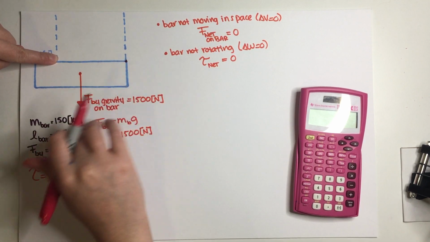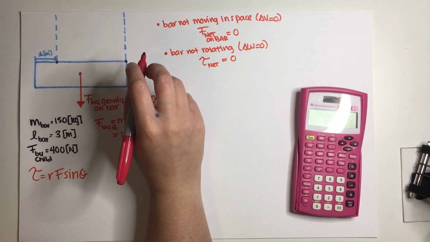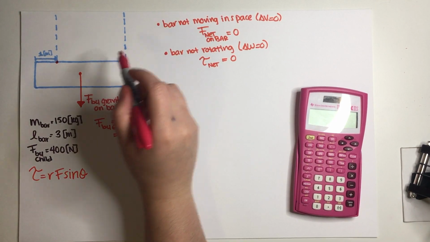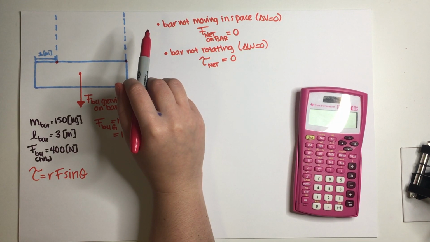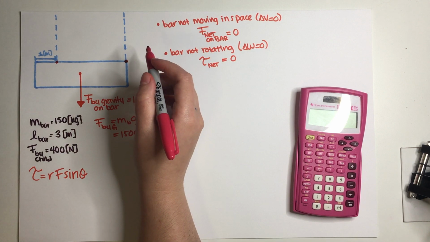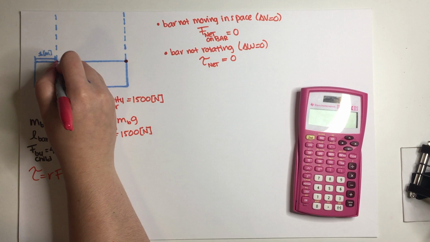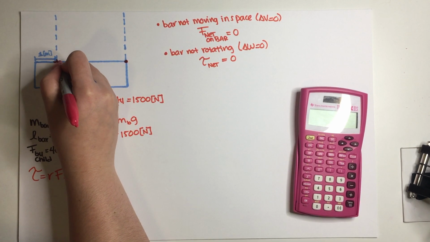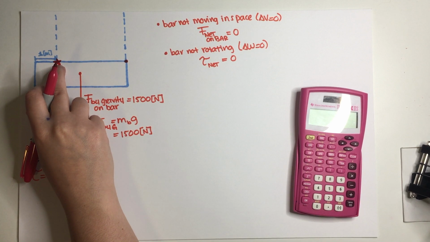So this is another natural axis of rotation for this problem. We actually get to pick between these 2 points, and both of them are going to be suitable axes of rotation. So let's just go ahead and pick this one. It really doesn't matter.